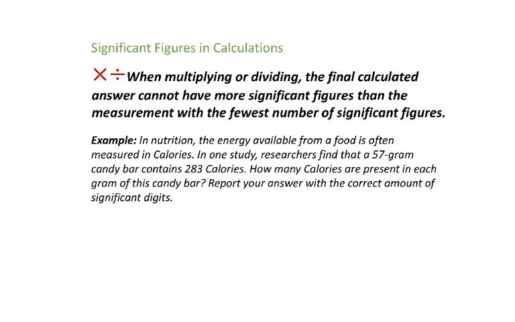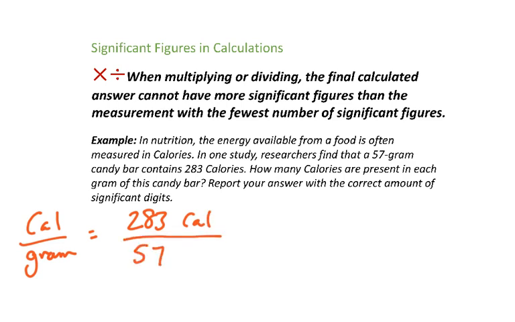So we want calories per gram, right? We see that from the question here. How many calories are present in each gram of this candy bar? What that means is we want to take 283 calories divided by 57 grams.